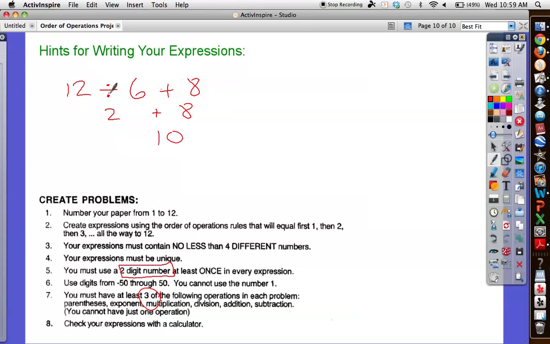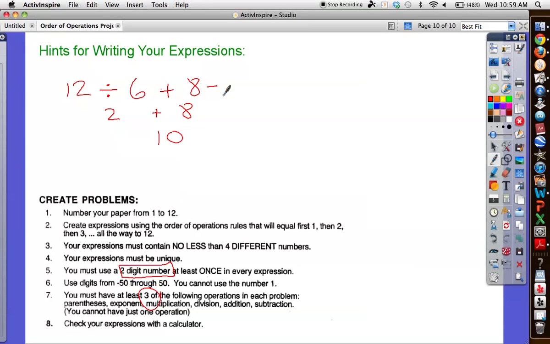Now, I'm not going to pick division or addition, because again, that would only give me 2 different operations. I have division, addition, division. It's only 2 different ones. I want to pick a 3rd different operation. So if I pick multiplication, I'm going to have to use a fraction to make this less than 12, right? So why don't I pick subtraction?